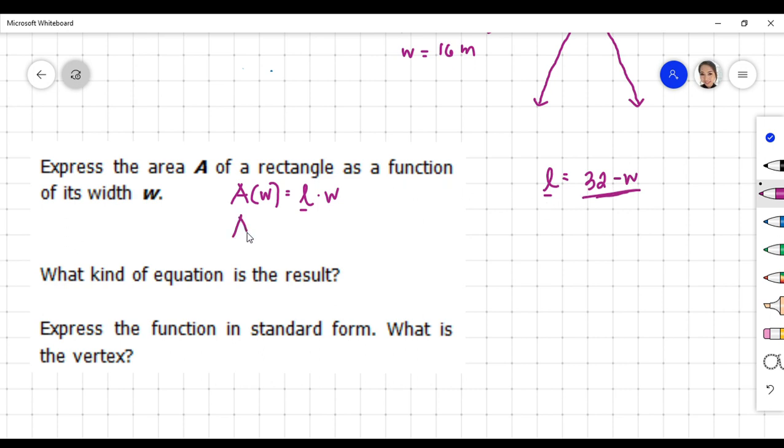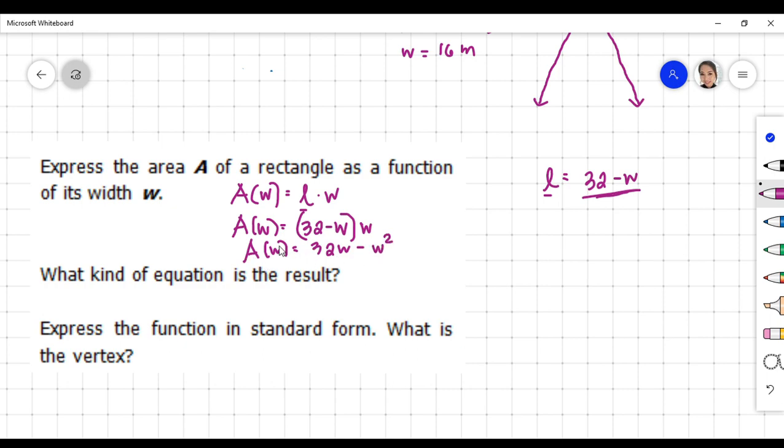So instead of writing L, we will use this one so that we have W as the variable. So A of W is equal to L, L is 32 minus W, and then multiply it by W. So simplifying that, A of W is equal to 32W minus W squared.